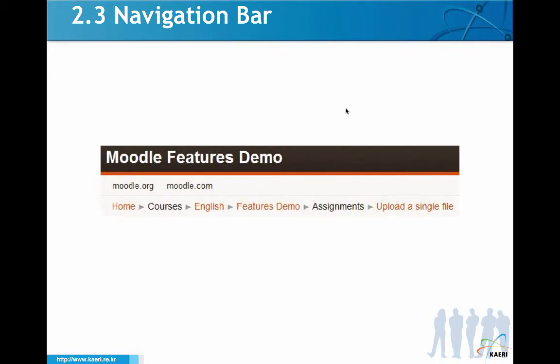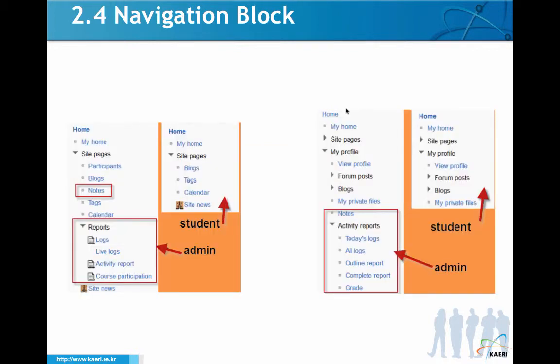The navigation bar is the row of links you will find at the top left of your Moodle site. The navigation bar shows a user their current context path, with links to the higher contexts. The navigation block appears on every page of the site.